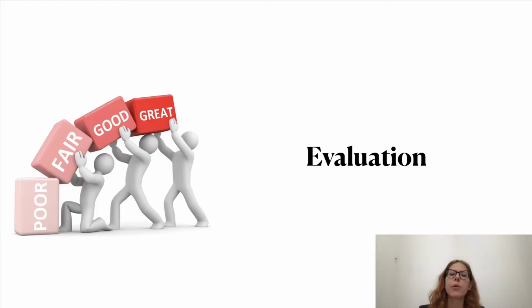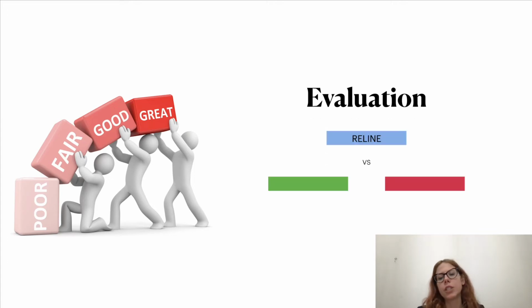Okay, so to evaluate our approach, what we did was to compare the agent trained with ReLine against two other agents. The first one is a reinforcement learning baseline, so an agent with the only goal of winning the game, and a random agent, so an agent that performs random actions.